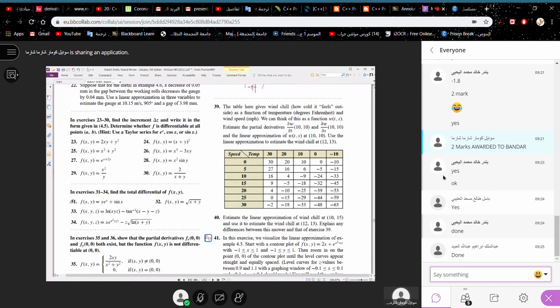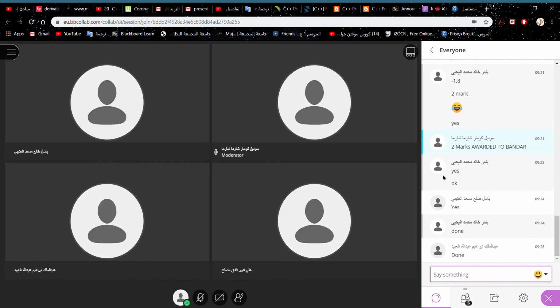Find the total derivative. See this. Actually, it takes time, 1 or 2 minutes to switch the application window.